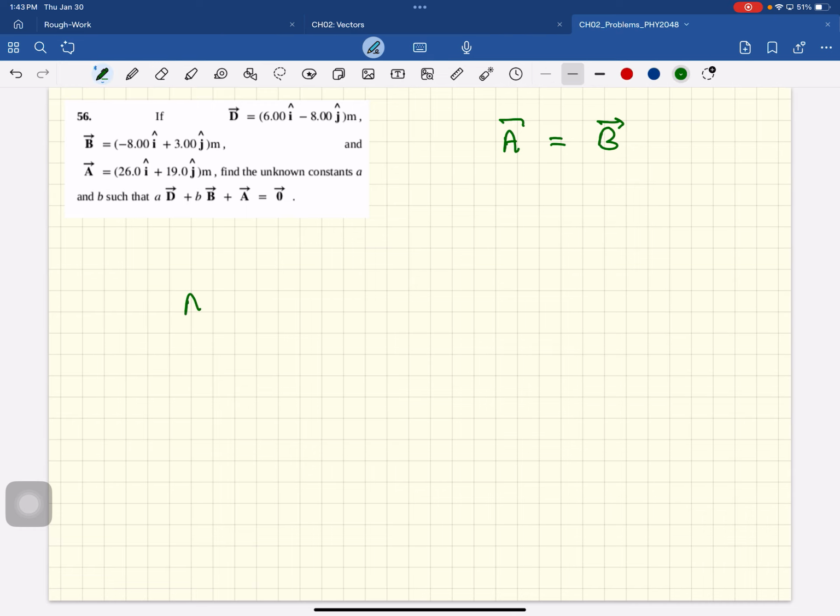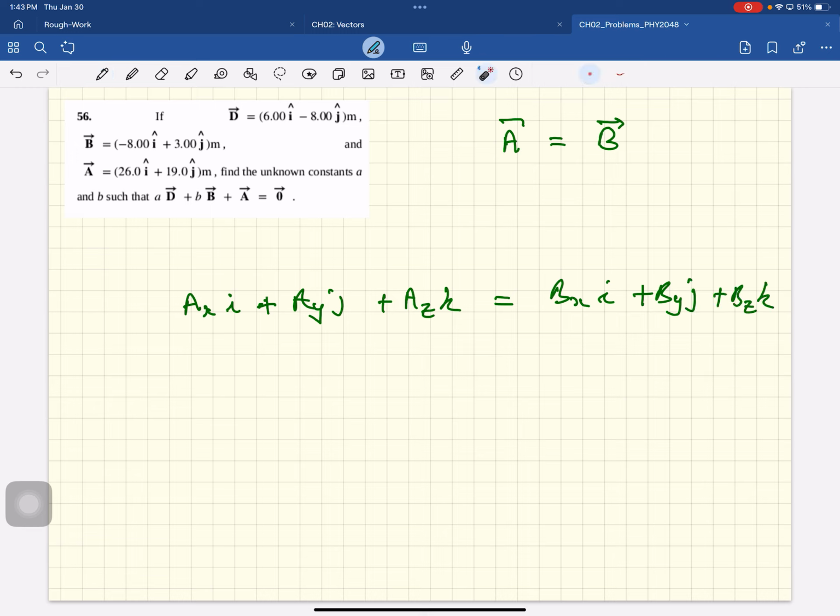When 2 vectors are equal, AX I plus AY J plus AZ K equal to BX I plus BY J plus BZ K, 2 vectors are equal to each other if the corresponding components are equal.